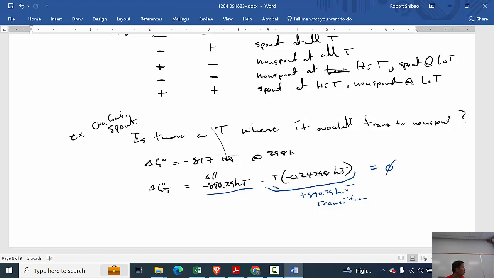Then we solve for T. T is going to equal minus 890.29 kilojoules divided by, I add that to both sides, this is a positive so this is going to be negative, 0.24298 kilojoules. Kilojoules cancel; this is kilojoules per Kelvin. I flip the Kelvin over.